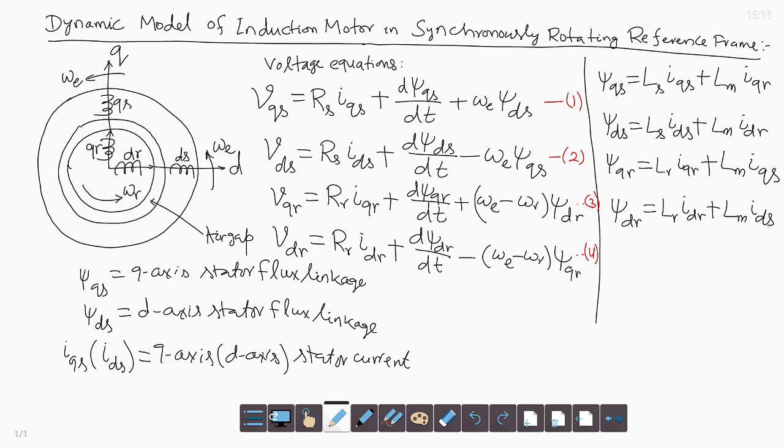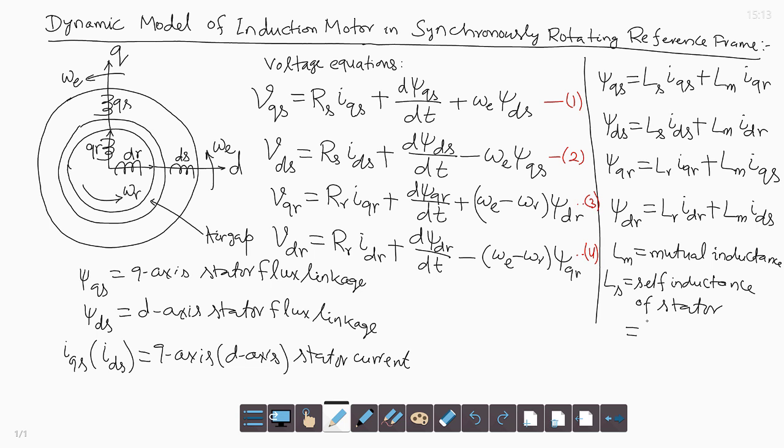So, here you can write Lm is the mutual inductance between the stator and rotor, and Ls is the self inductance of the stator.